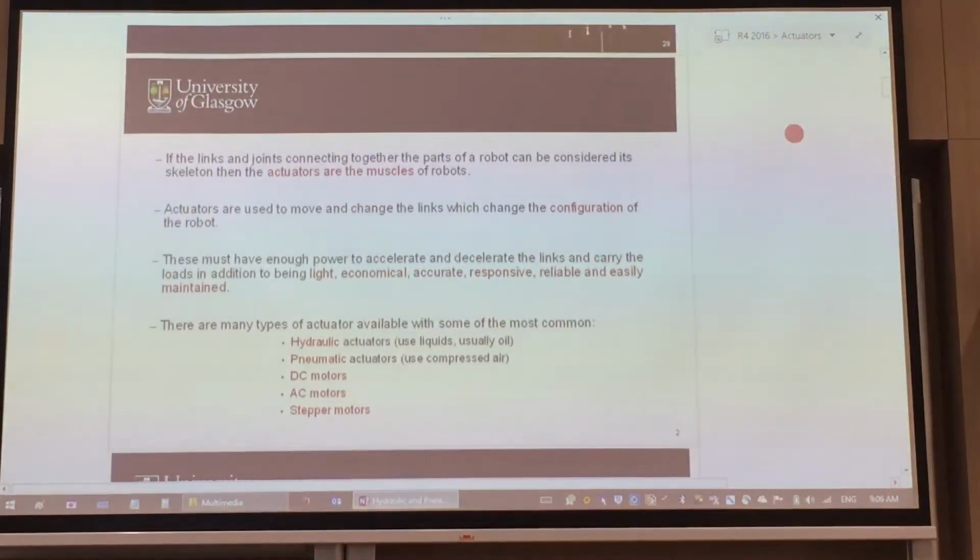So we think about the links and the joints as the skeleton of the robot. Then your motors and actuators can be thought of as the muscles. So a lot of times you get to see actuators residing in the robot itself.